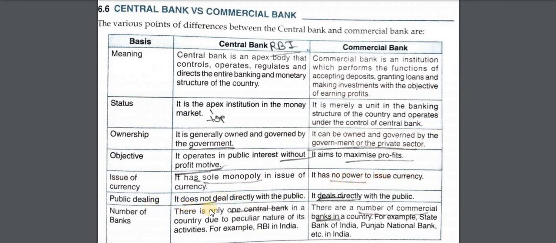Public dealing: central bank does not deal directly with the public. Commercial bank deals directly with the public. Number of banks: there is only one central bank in a country due to the peculiar nature of its activities, for example, RBI in India. There are a number of commercial banks in a country, for example, State Bank of India, Punjab National Bank, etc. in India.